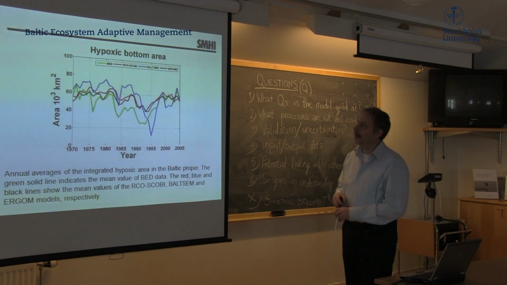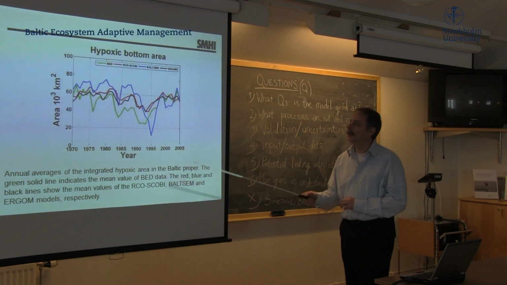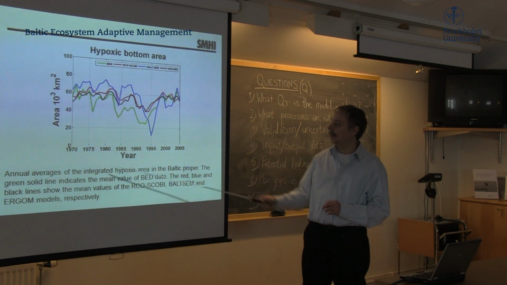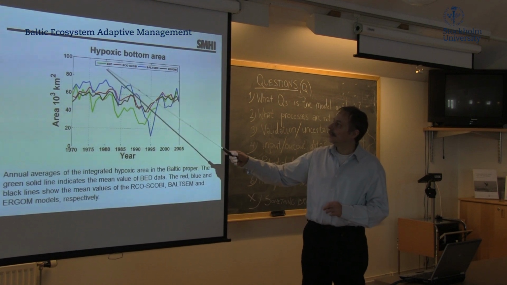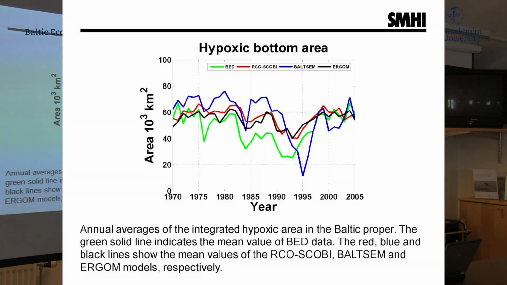Looking at another variable, hypoxic bottom area, which is quite important for the dynamics. You have in green the observed data, as a function of time, here from the 70s, and the 3 different models. So they are doing in principle what they're supposed to do, but there are deviations.